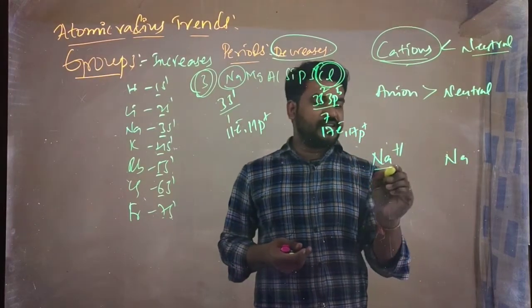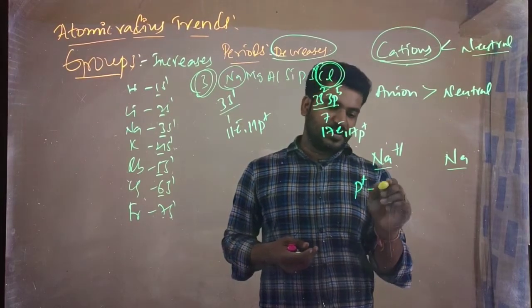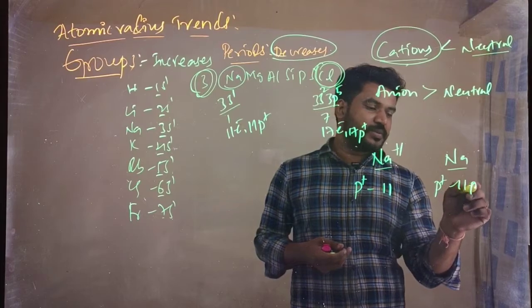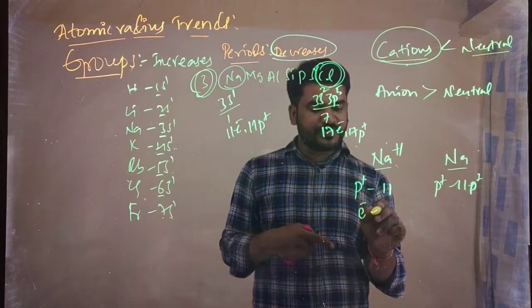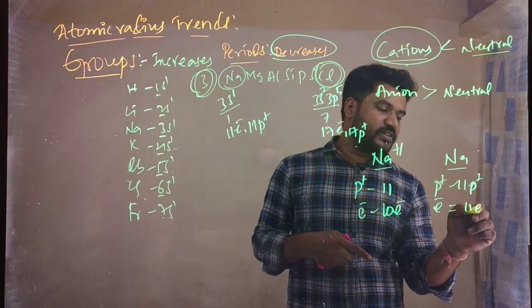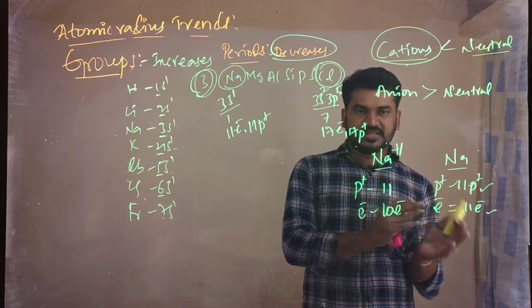So consider Na+1 and Na. How many protons are there? 11 protons here, and 11 protons here also. How many electrons? Here 10 electrons, and here 11 electrons. You see, 11 protons and 11 electrons: the balance is there.